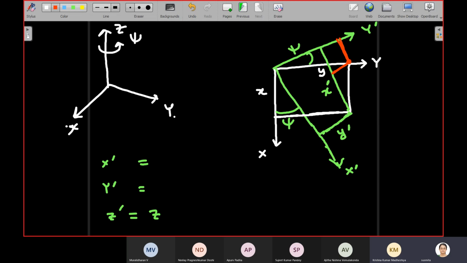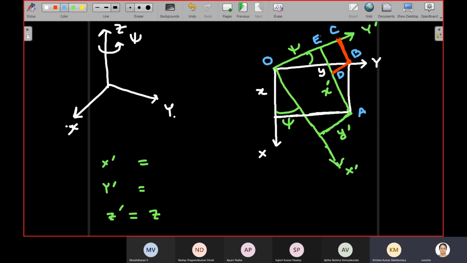So let's draw these perpendicular lines. And what is x prime? Let's call this O, this is A, B, C, D, E. So x prime is equal to AD plus ED, correct?